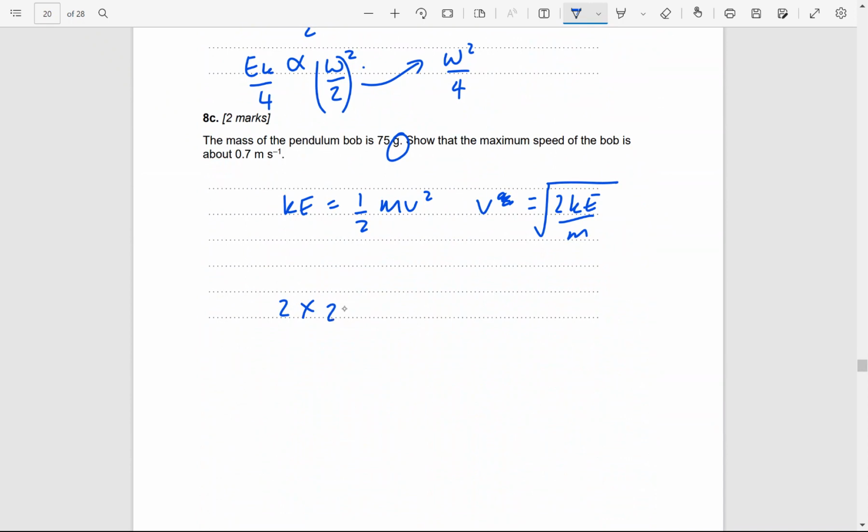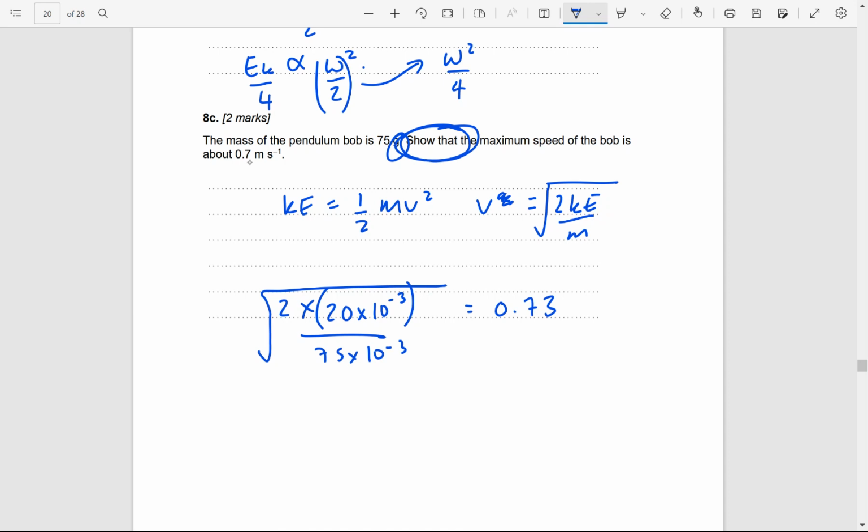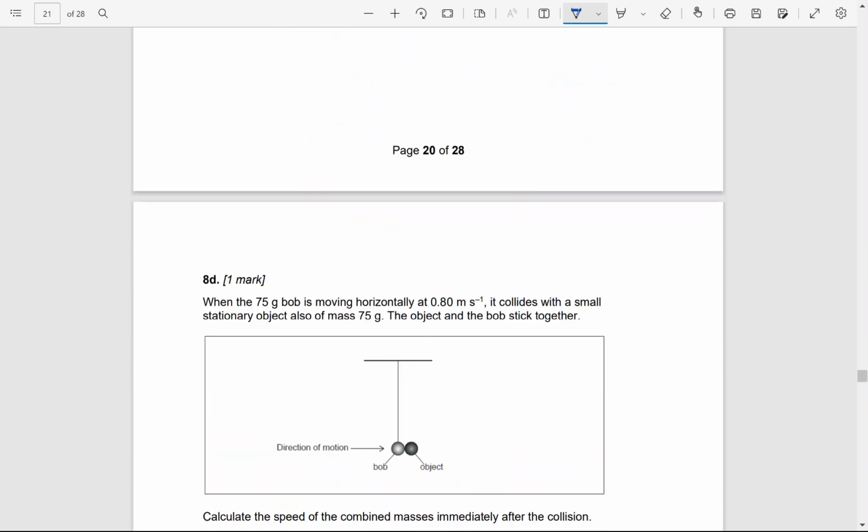So it's 2 times 20 times 10 to the minus 3 divided by, I'm going to put that square root in there because I'm very good at forgetting them, 75 times 10 to the minus 3, which works out as 0.73. Let's just show that. So I'm going to go with a couple more sig figs. Why not? Let's go mad. Okay.